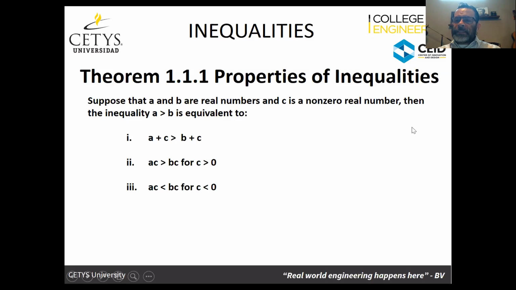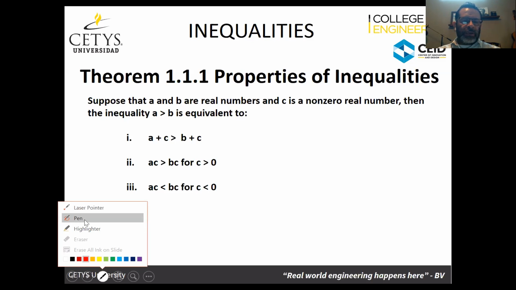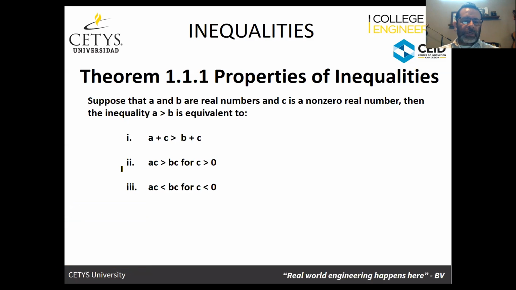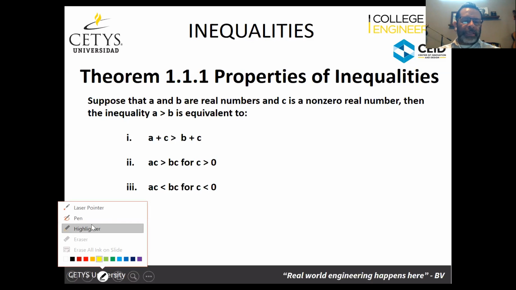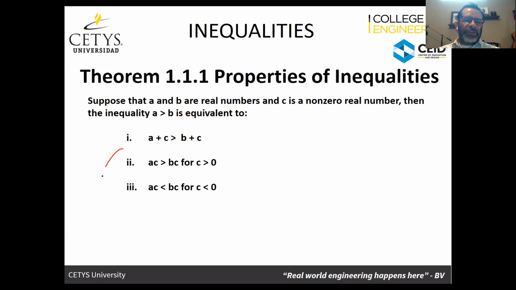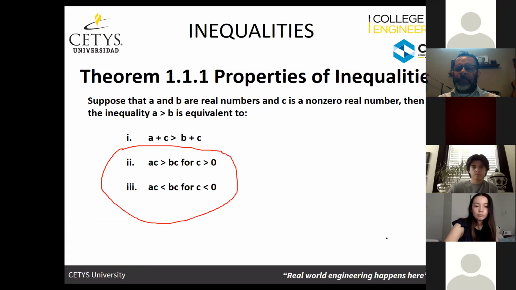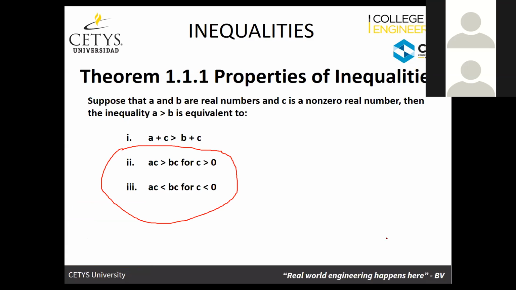Now, can somebody explain what's the difference when we are talking about multiplying or dividing? What do we have to be mindful of when we do that? We mentioned this last class. We have to change the sign.